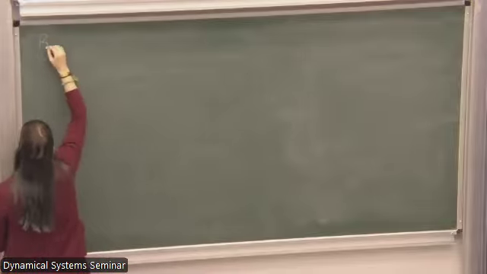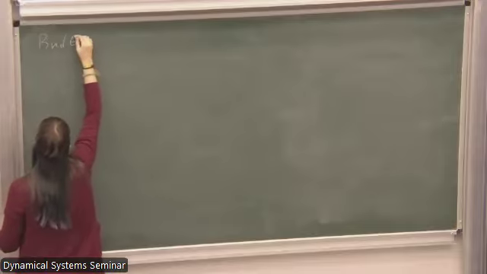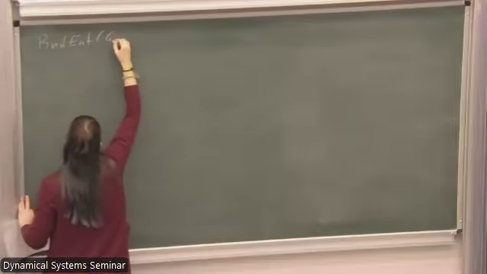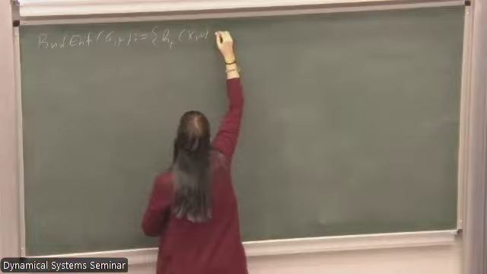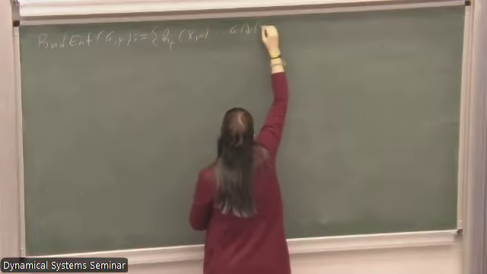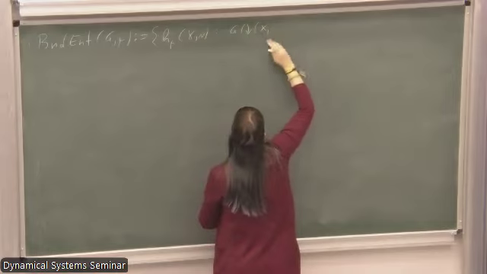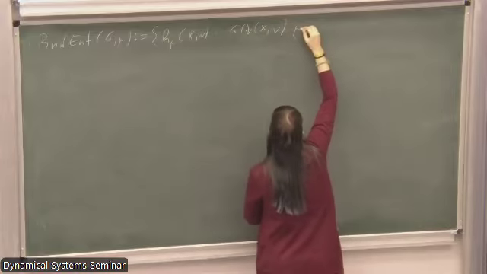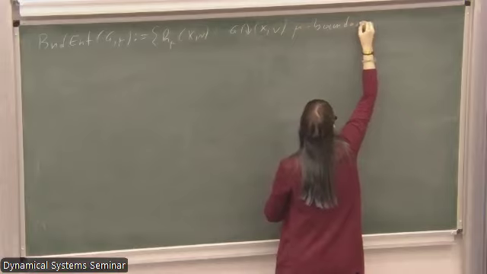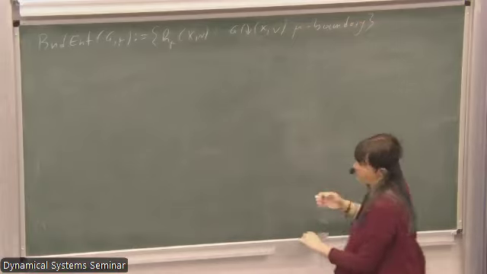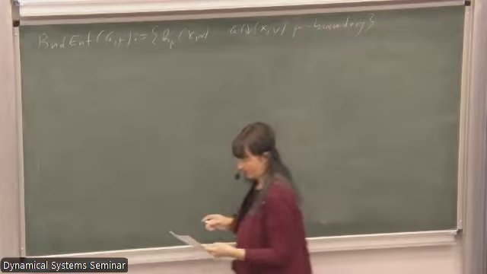This is what we call the boundary entropy spectrum of G and mu, which should be the collection of all entropies of the mu-boundary.